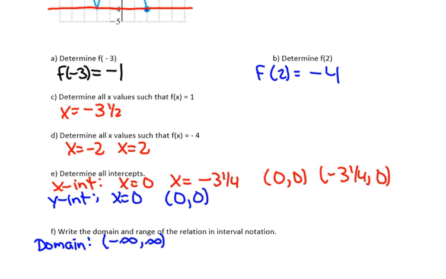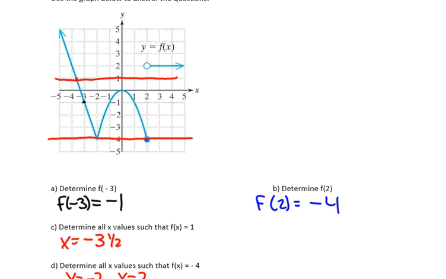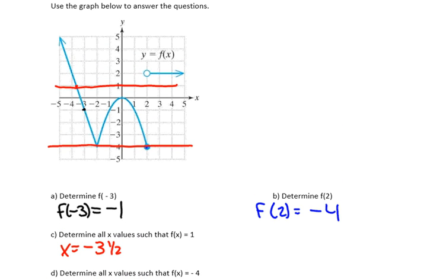Okay, let's write the range then. I'll write the word range, and then we're going to go back up again. The only thing we need to be concerned about is how low does it go? Well, you notice it doesn't go any lower than negative 4. There's no arrows that go down. So we know negative 4 is included, so that's going to be a bracket. Now, the only other hole we have to worry about is that hole where the range value is 2.